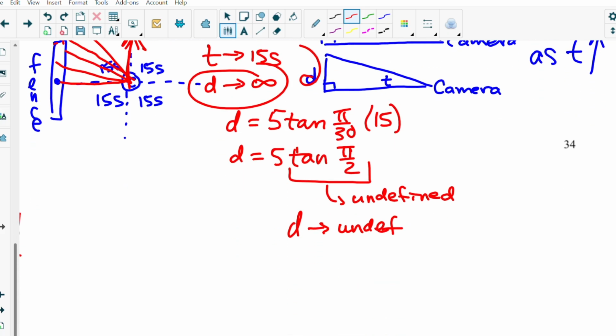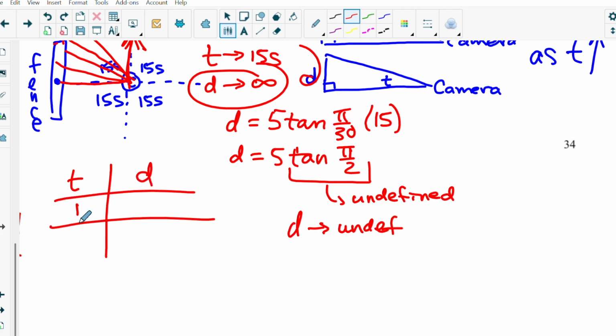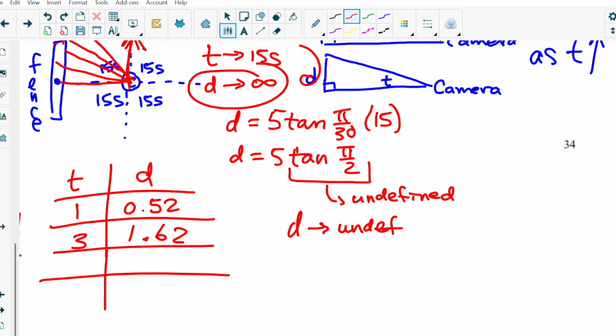If you map this out, t versus d, I did this for a couple of values. When t equals 1 second, the distance across the fence is 0.52 meters. At 3, it's 1.62. On and on. At 11 seconds, the distance is 11.23.